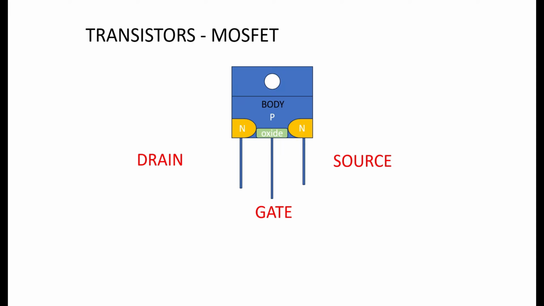But like the BJT, there are alternating sections of negative and positive semiconductor material from the source to the drain. But in addition, there's a zone called the body, which is a little bit like the barrier in the BJT transistor. And there's also a layer of metal oxide that separates and insulates the gate from the source and the drain, which we'll talk about in a minute.